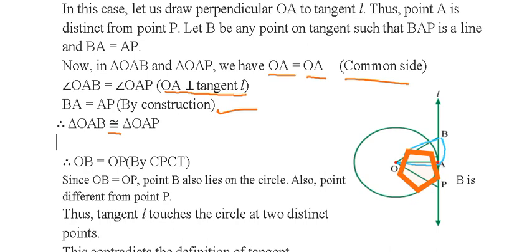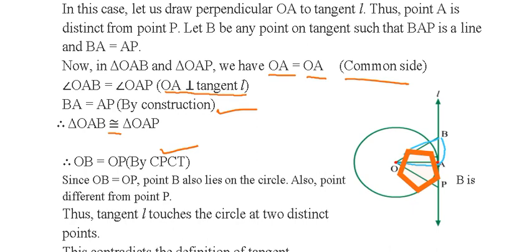So by CPCT we can say corresponding parts of congruent triangles are equal. The CPCT full form is corresponding parts of congruent triangles, right?